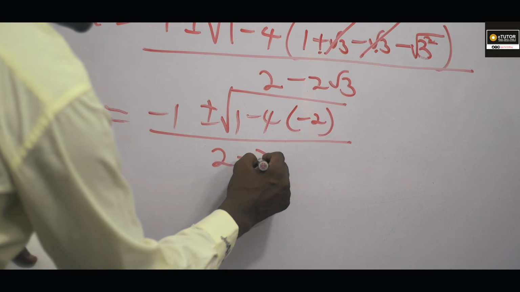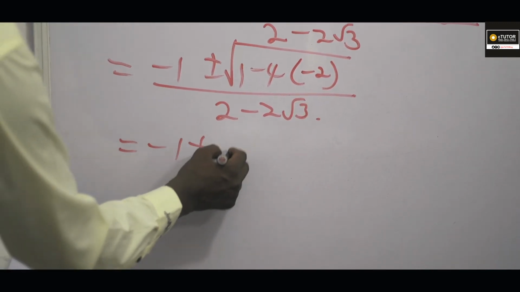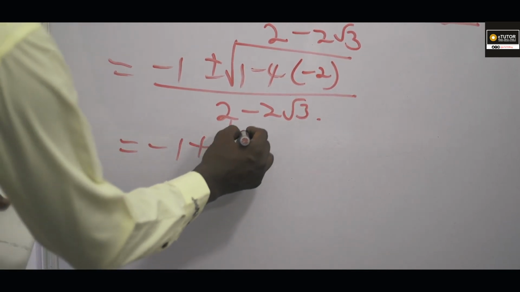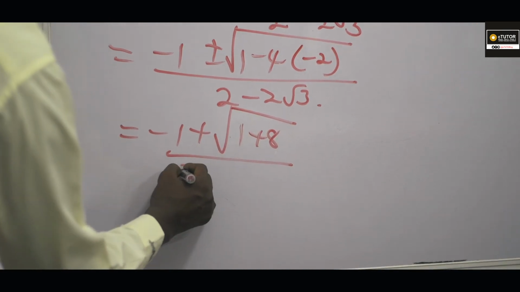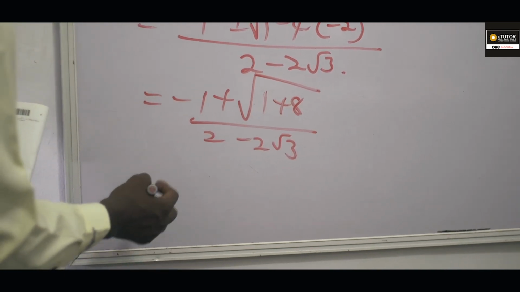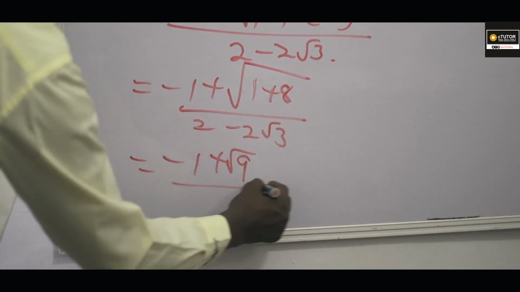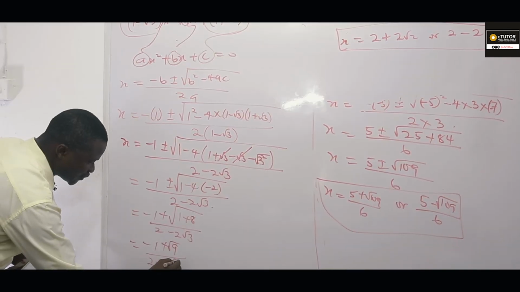Minus 4 times minus 2 is 8. 1 plus 8 is 9, isn't it? Root 9 is 3.